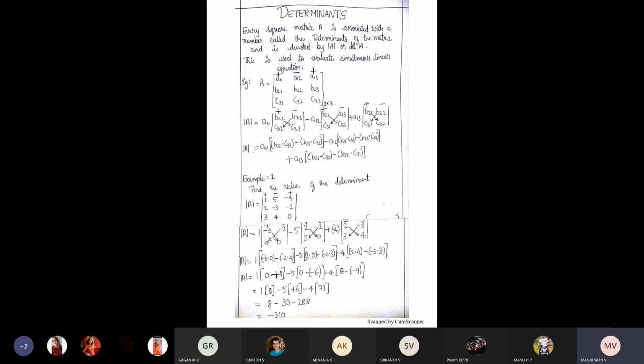That's the symbol: the particular A within two vertical lines. Understood? Fine?